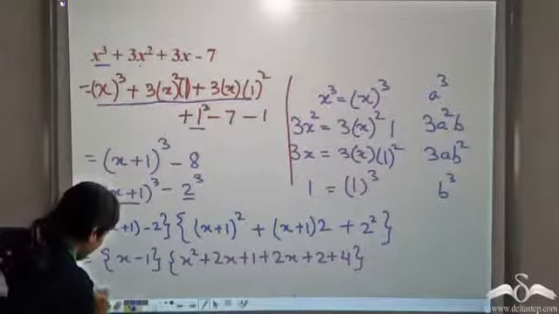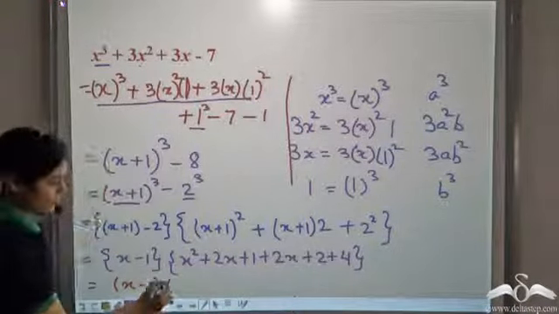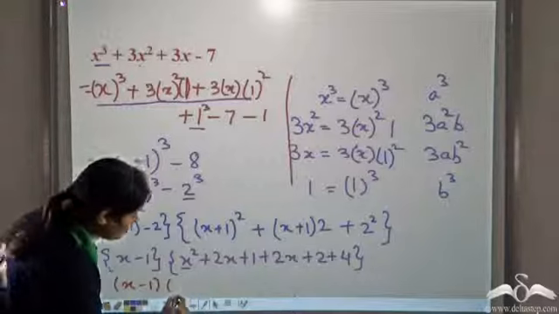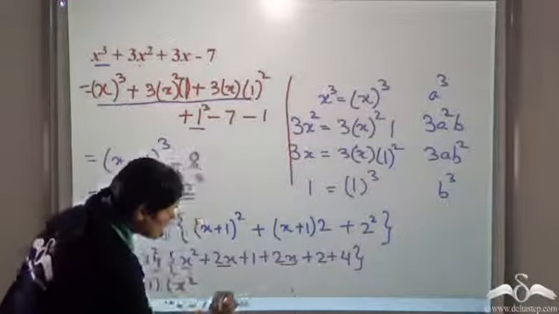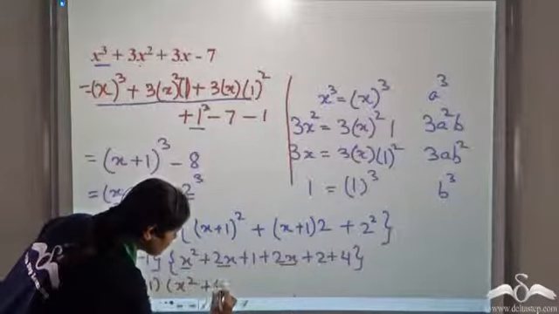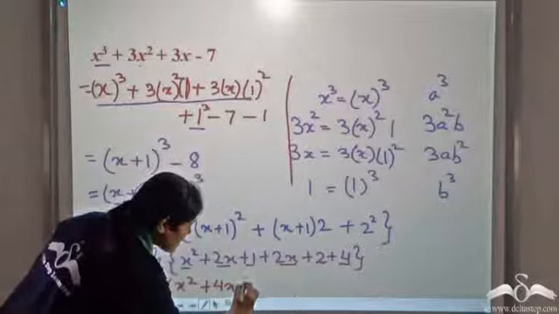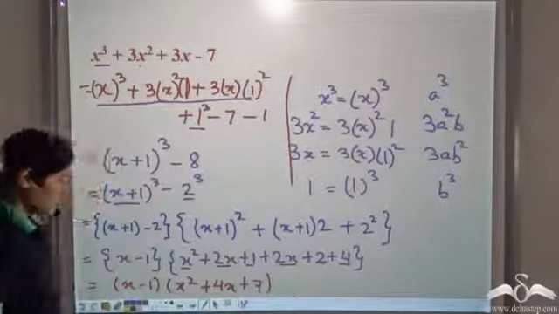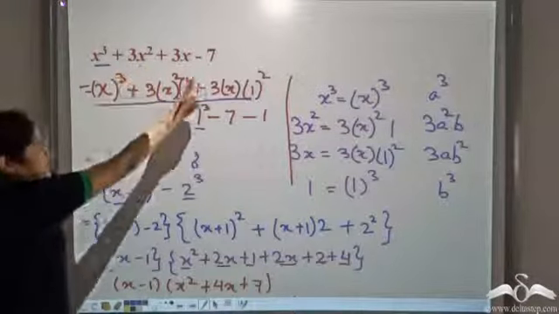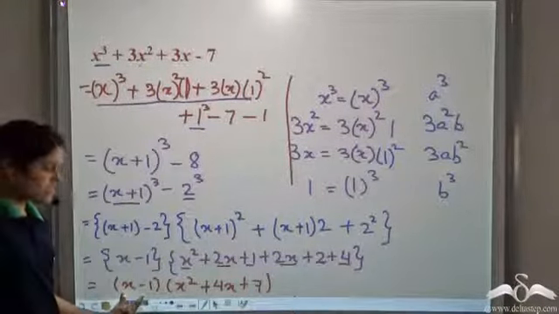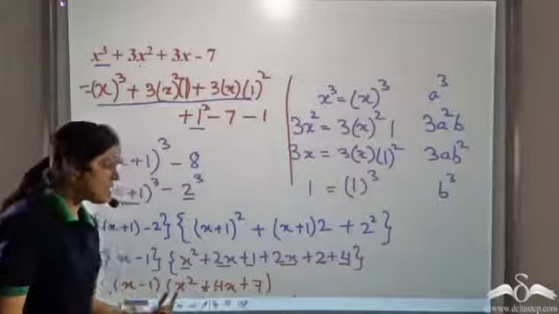So finally we have x minus 1 into, we have an x square term here. We have 2x plus 2x, that is 4x. We have 1 plus 2, 3 plus 4, 7. So this is the factorized form of this expression. It can be written as x minus 1 into x square plus 4x plus 7.